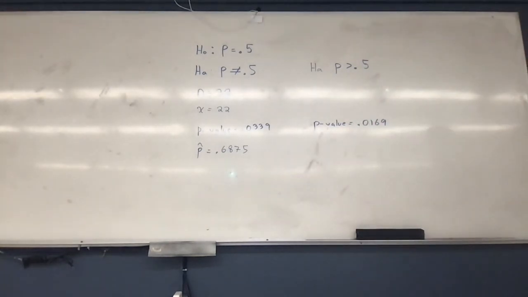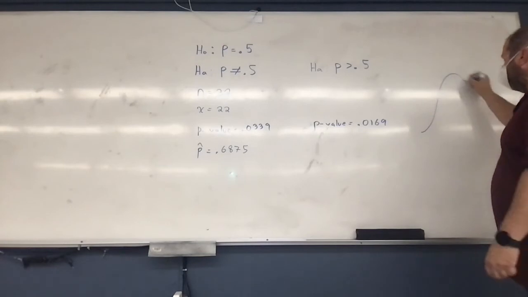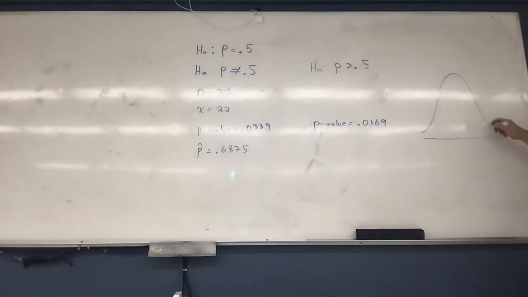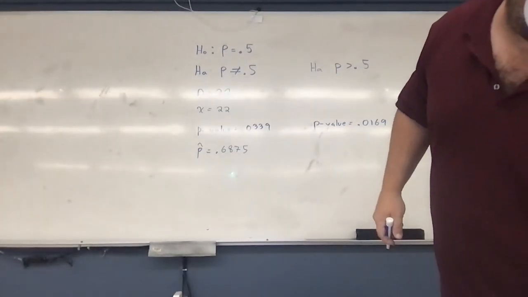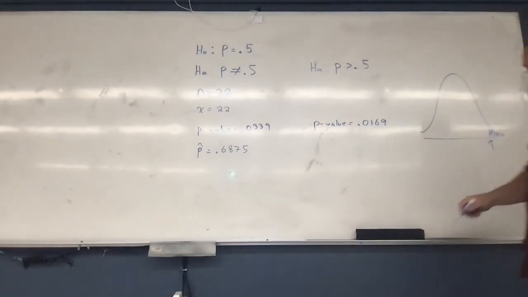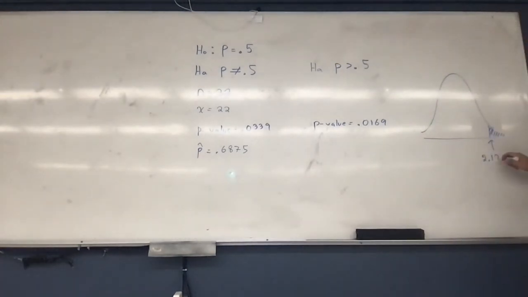And the reason is this. For a one-sided case, I'm looking for being past my data point. My z-value here was 2.12. So for a one-sided case, I want to see if I pass 2.12.